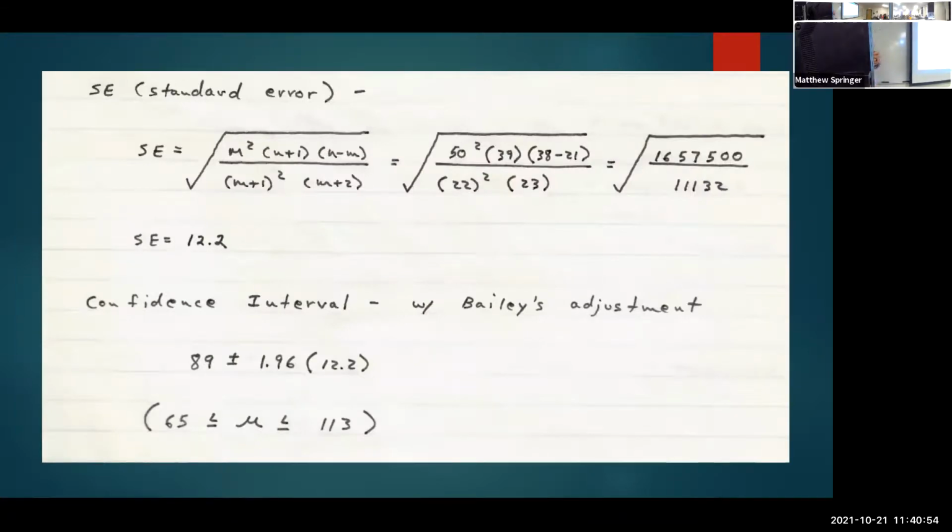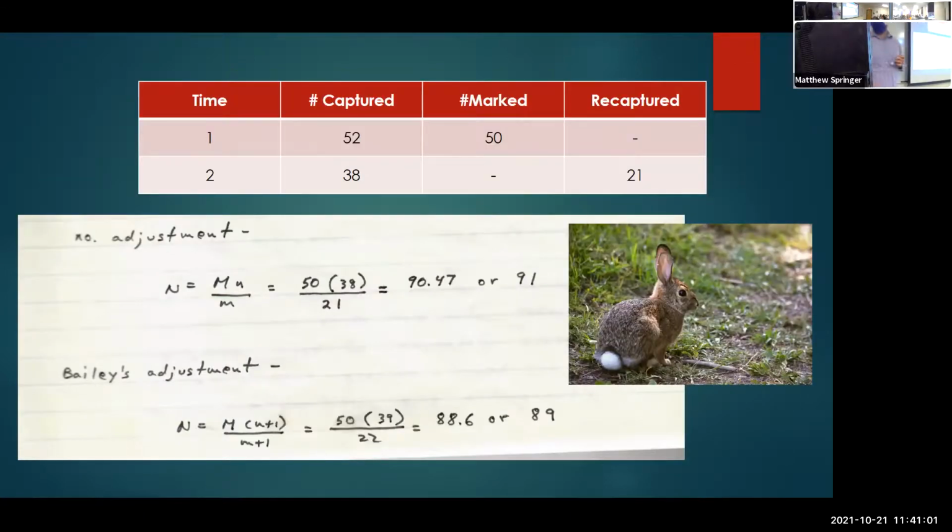So let's walk through the standard error. I'll move this over here and put it up for you guys to see it. Big M is 50. All right. What's our U? 38.